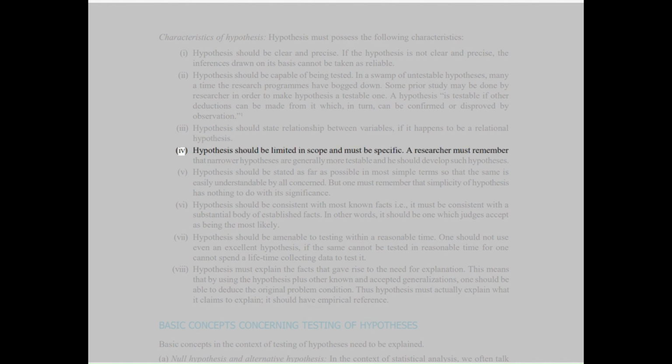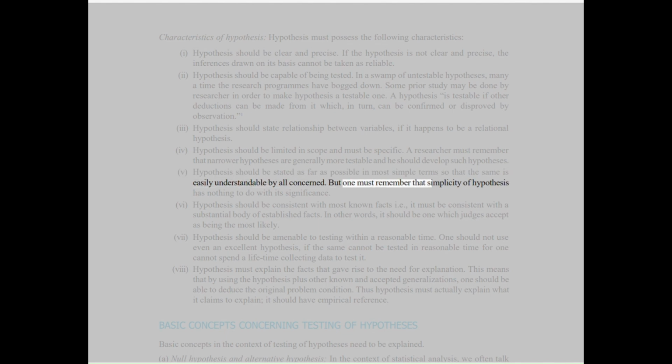4. Hypothesis should be limited in scope and must be specific. A researcher must remember that narrower hypotheses are generally more testable, and he should develop such hypotheses. 5. Hypothesis should be stated as far as possible in most simple terms so that the same is easily understandable by all concerned.